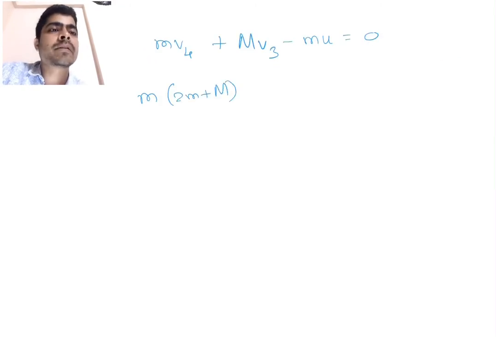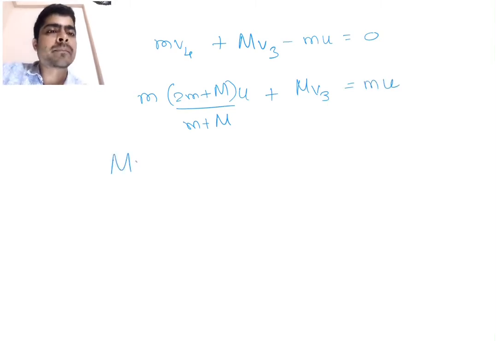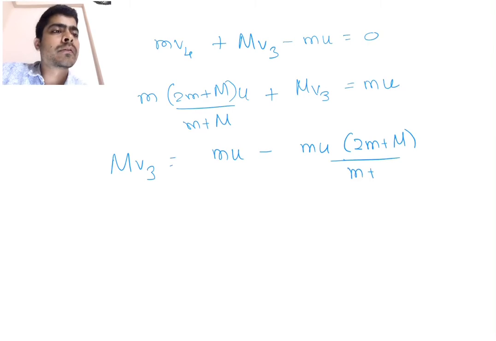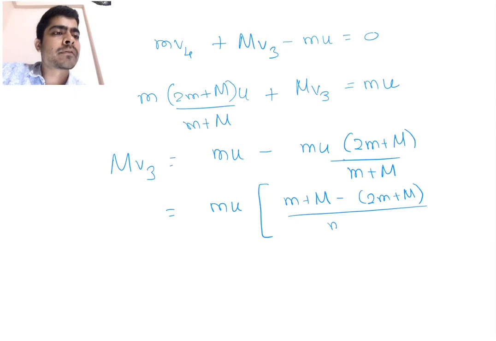So m (2m plus capital M) u upon (m plus capital M), plus capital M v3 is equal to mu. Okay, so capital M v3 is equal to mu minus mu (2m plus capital M) upon (m plus M). So let's simplify this. So mu I take outside, (m plus capital M minus 2m plus capital M) upon (m plus capital M).